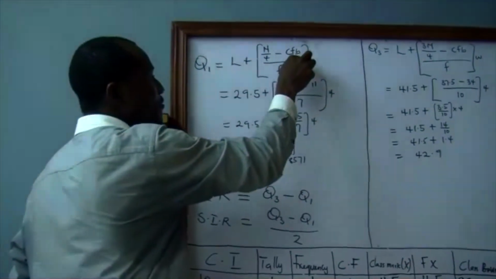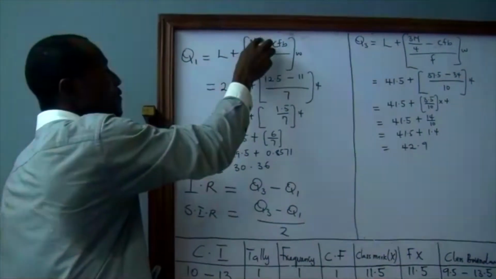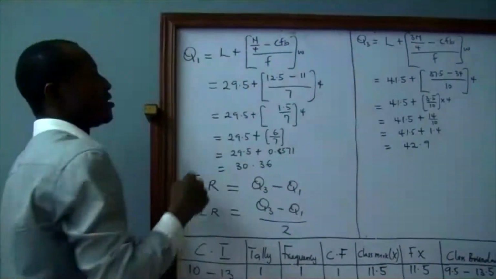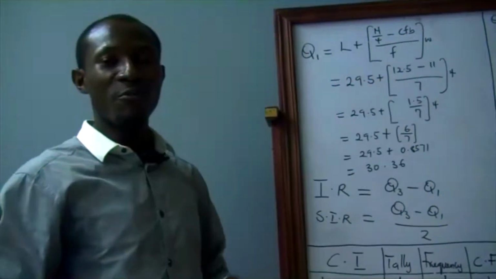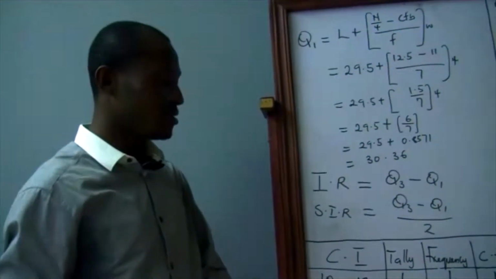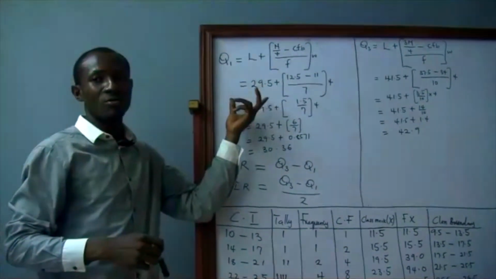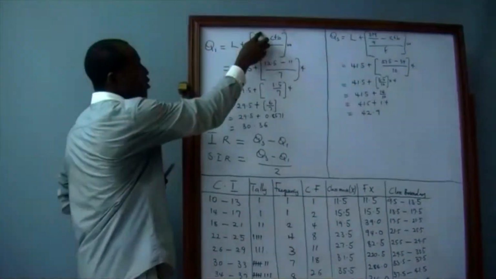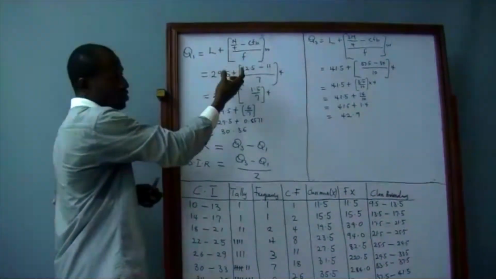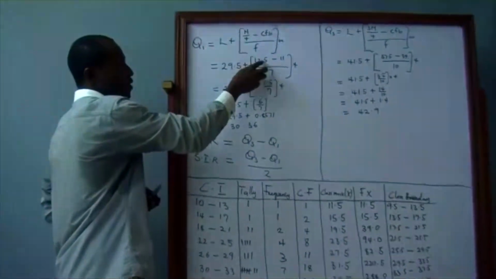Cumulative frequency before, that is the cumulative frequency before that class. So if I do 50 over 4, that gives me 12.5. So with 12.5, I go to the data, locate the class, and move on with my calculation. N over 4 is talking about the position, the n over 4th position, 50 over 4, 12.5.